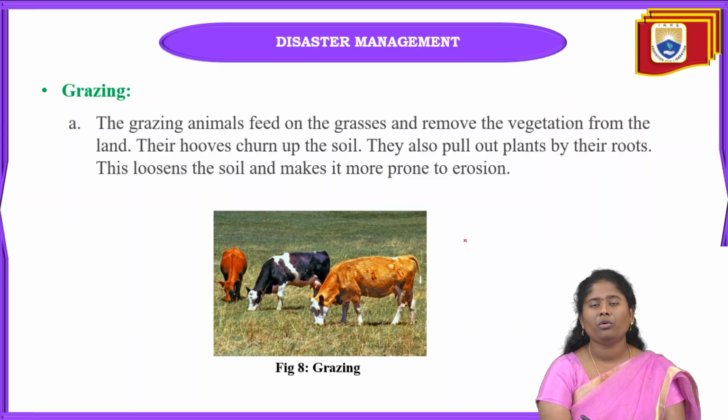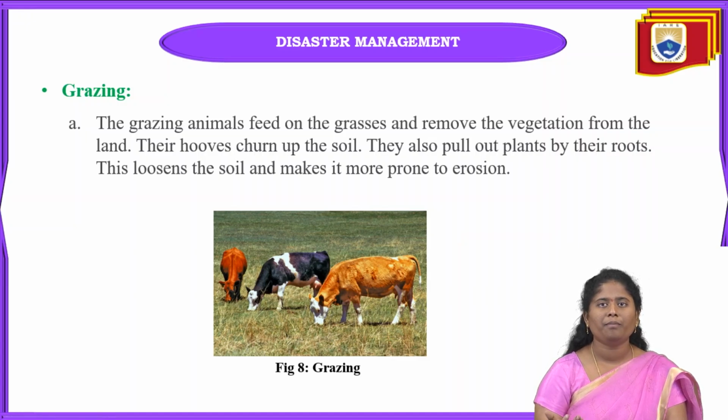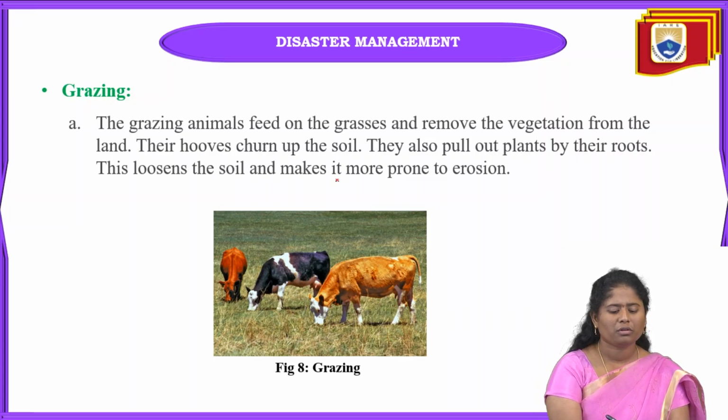If we remove that vegetation, the soil is exposed. When the soil is exposed to natural sources like wind and water, the soil is going to be eroded at that time. Their hooves, these animals' hooves, can also churn up the overall soil here.